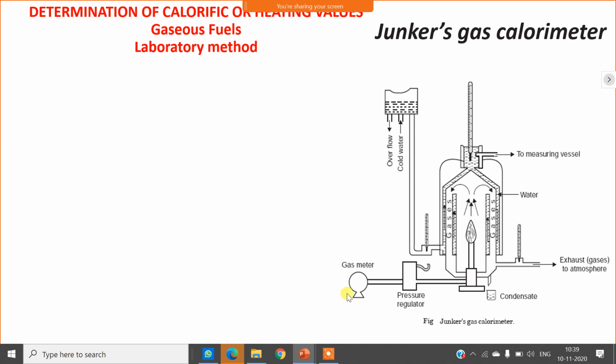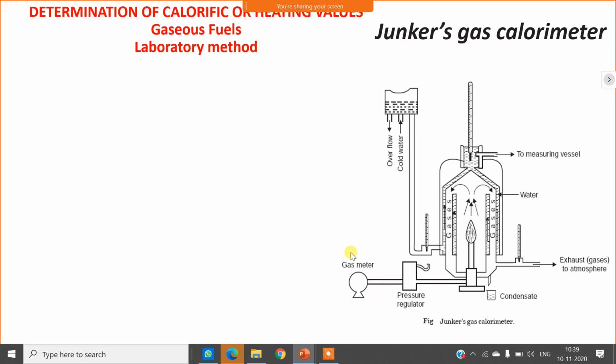Now in this case, the measured quantity of gas is supplied, therefore the mass of fuel is known. The water supplied in the Junker's gas calorimeter is measured outside the calorimeter, therefore the mass of water is also known to us.